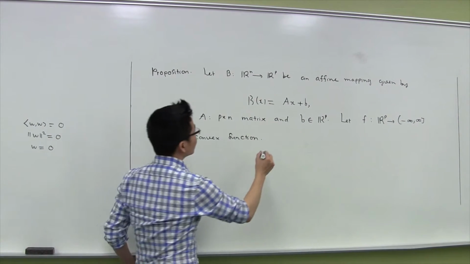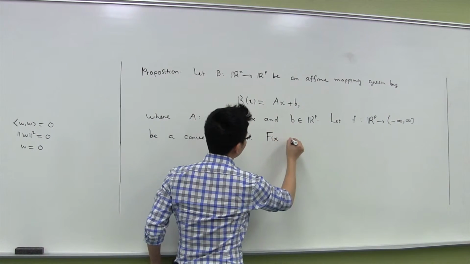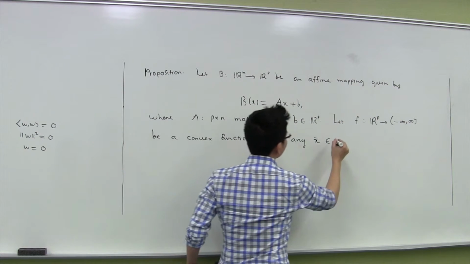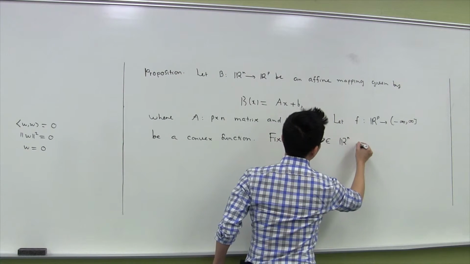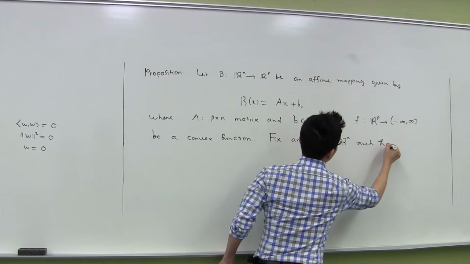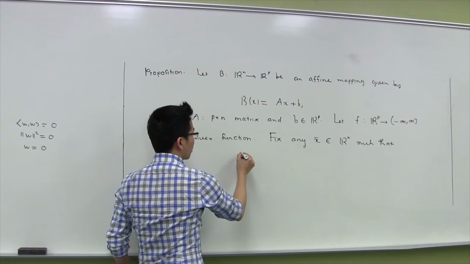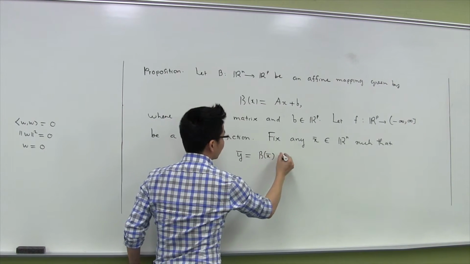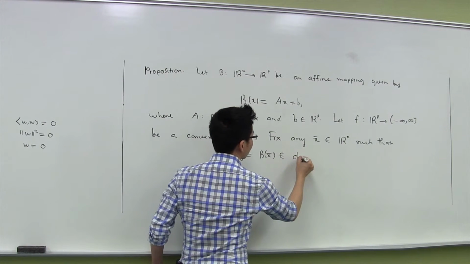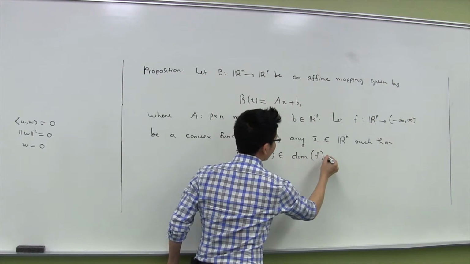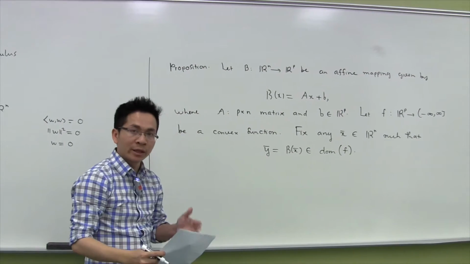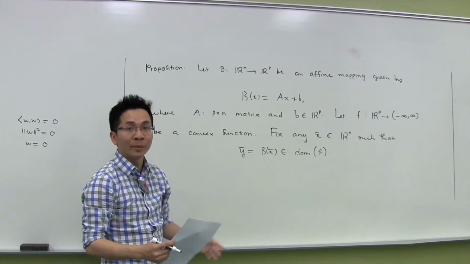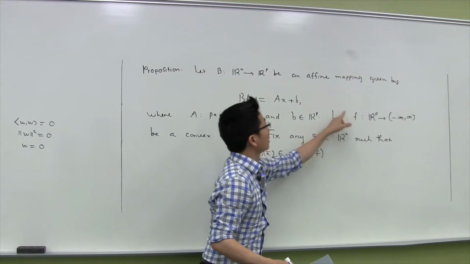We fix any x bar in Rn such that the element y bar, which is B of x bar, belongs to the domain of the function f. Okay, with this assumption, x bar belongs to the domain of the composition of f and B.